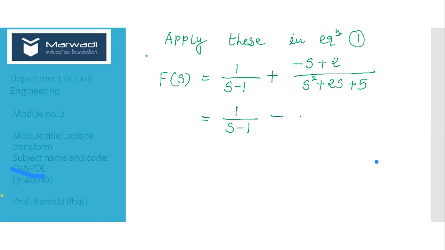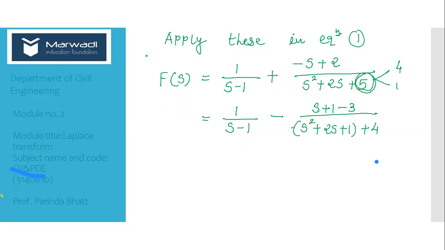First, the minus sign. First we change this denominator: 5 means 4 and 1. First shifting theorem, if you remember, we have done this kind of question. S square plus 2s plus 1 plus 4. And here we change it to s plus 1 minus 3.